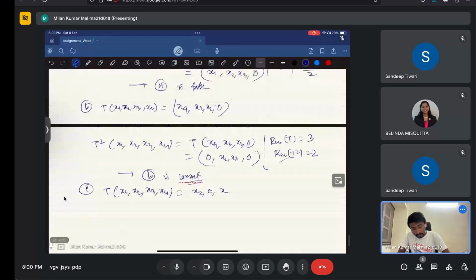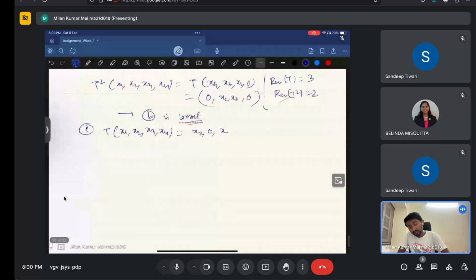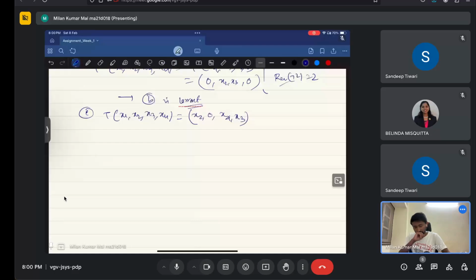Yeah, x4, x3. So in that case, T square of (x1, x2, x3, x4) will be T of (x2, 0, x4, x3).